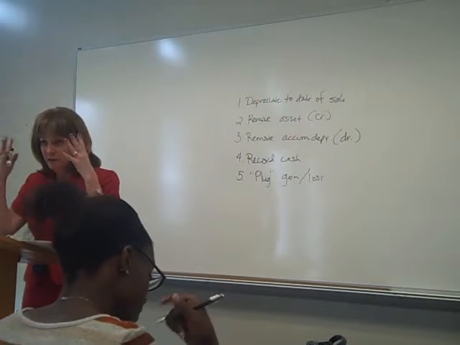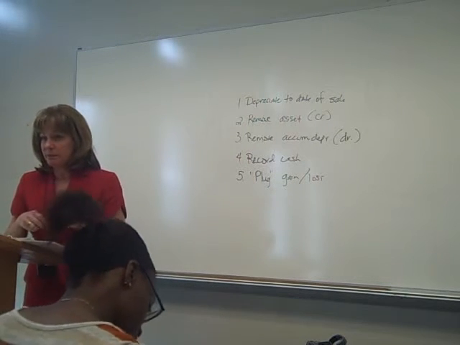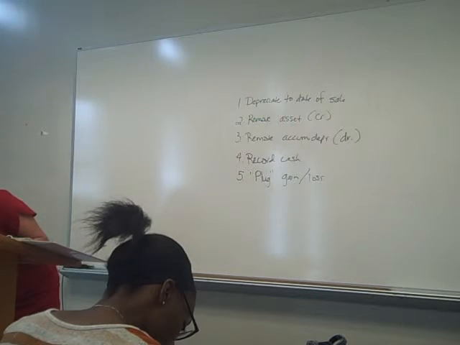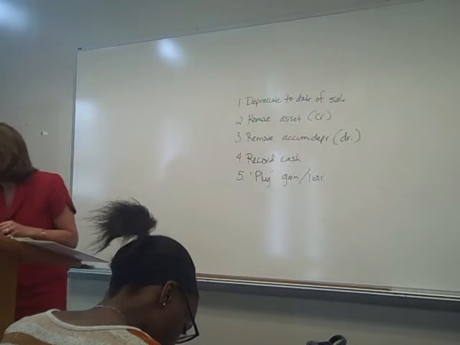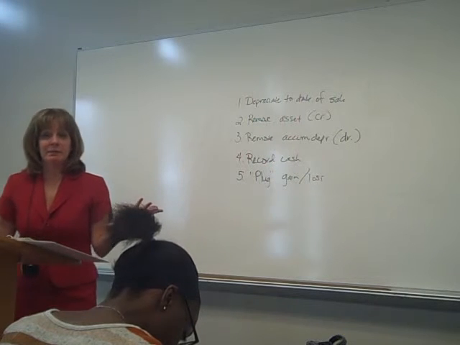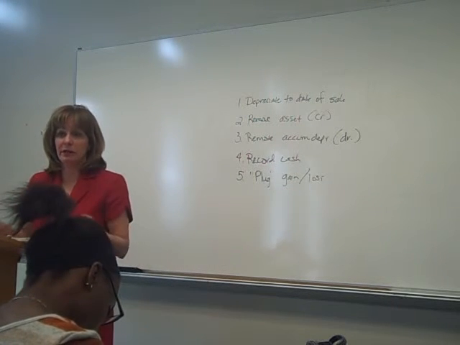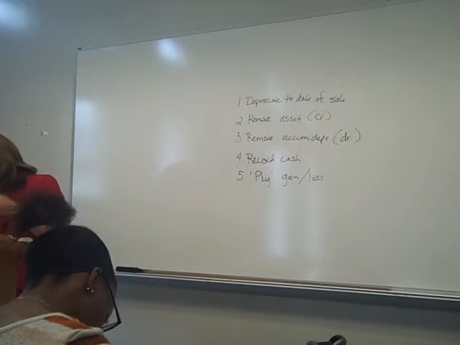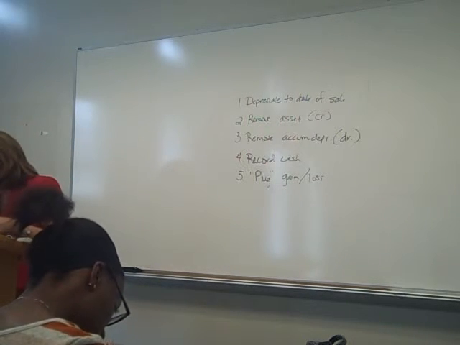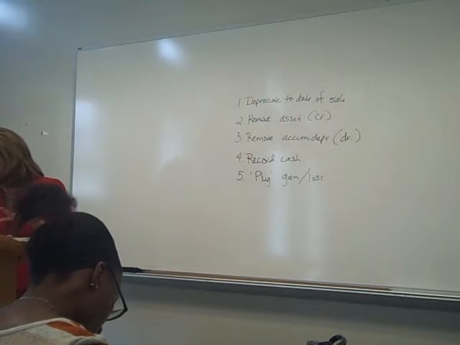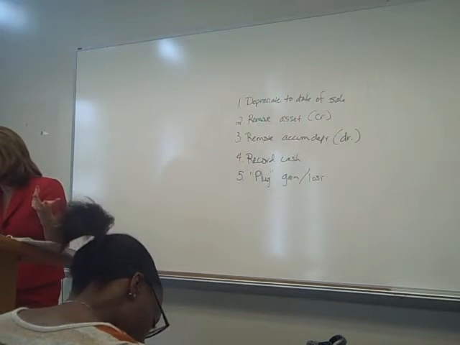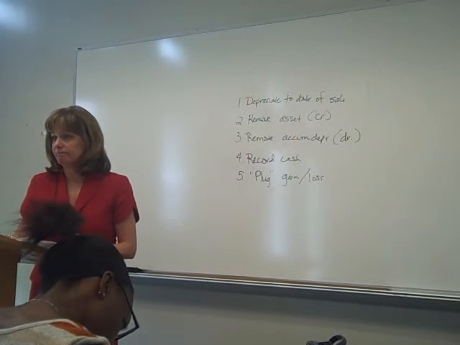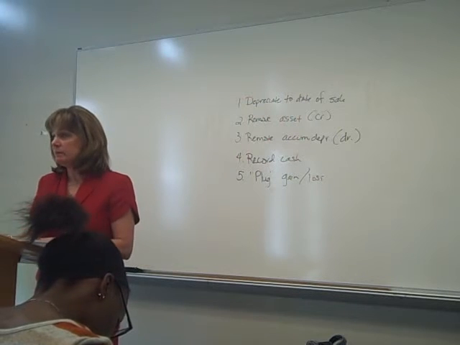Let's make it happen. It was depreciated to date because we sold it. So we remove the equipment, credit 36,000. We remove the accumulated depreciation, 16,000. We record our cash as 26, and we still need a credit of 6,000, which is our gain. Easy?